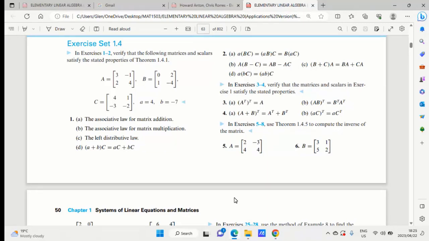My sister, you said AB entries in the first row are -1 and +10. That's what you said, right? Yes, sir. Second row, +4 and +12. Now, who agrees with the entries for AB that Nomtandazo just gave us?